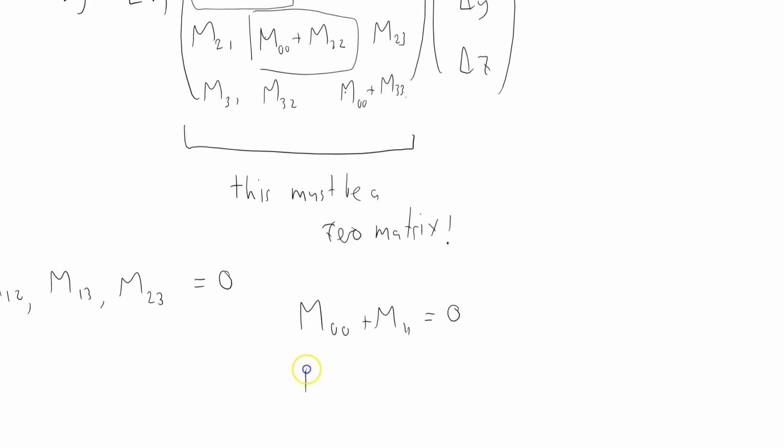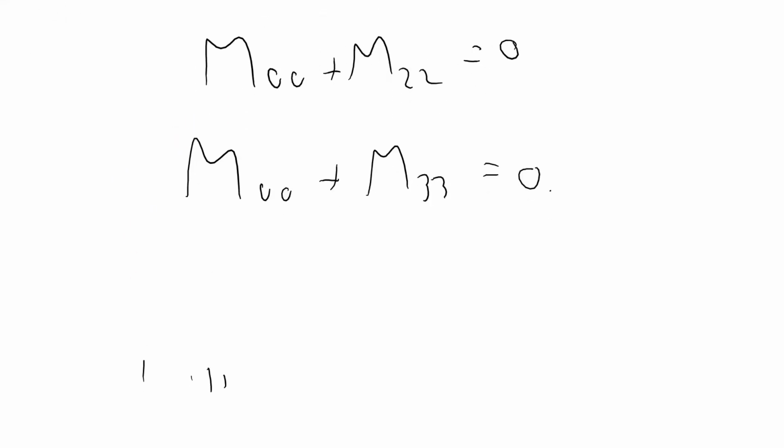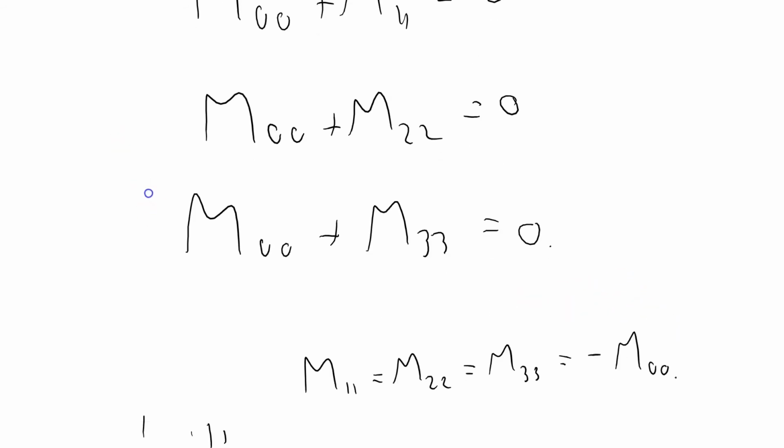So that tells me m00 plus m22 equals 0, and m00 plus m33 equals 0. Well, that's nice. That tells me that m11 equals m22 equals m33 equals minus m00. Whew.